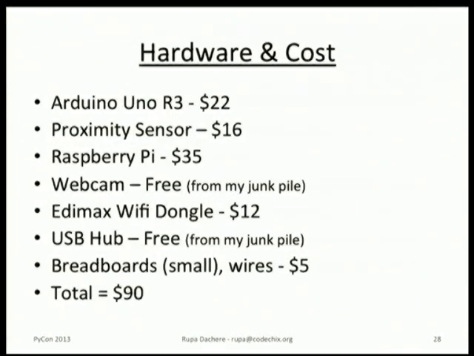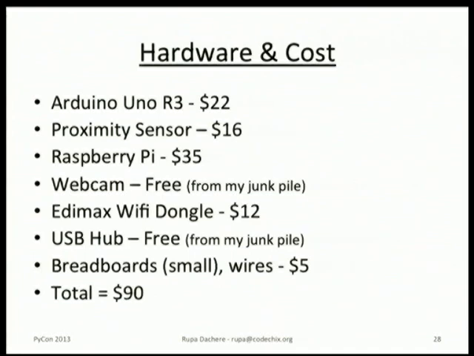So, hardware and cost. Cost me $90. The Arduino was $22, proximity sensor 16, Raspberry Pi was 35, and Eben says he wants it down to like $20, which would be great. Webcam was free, that was from my junk pile, and the Wi-Fi dongle actually was $12, but you can get it for cheaper. I got it from the wrong place.